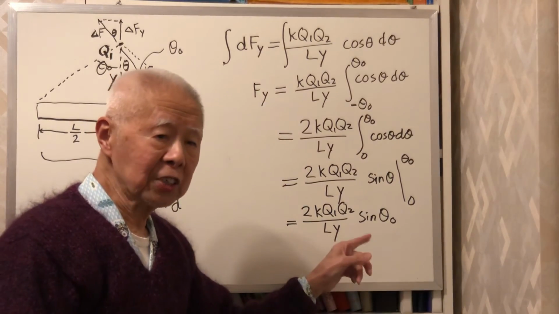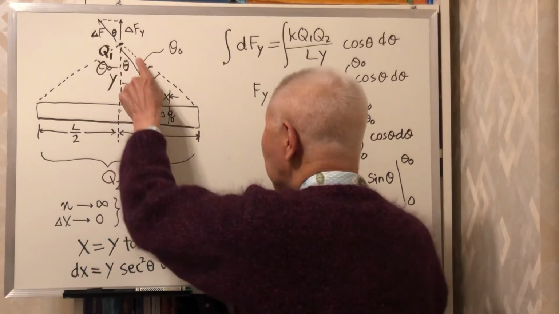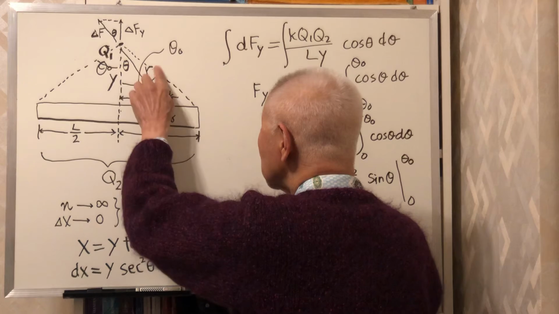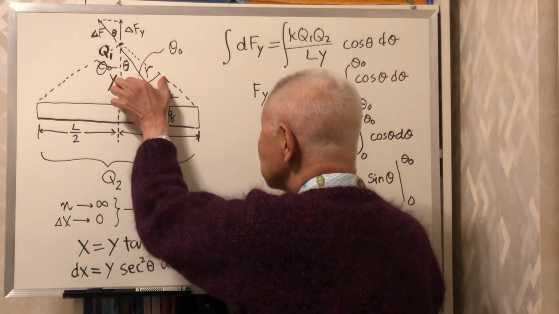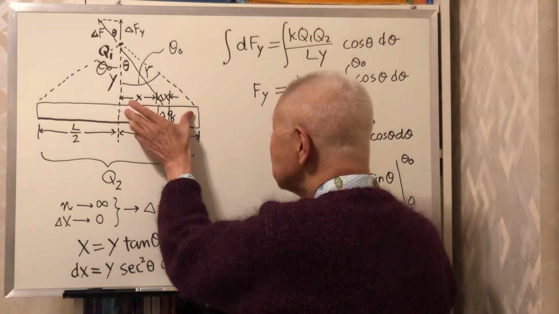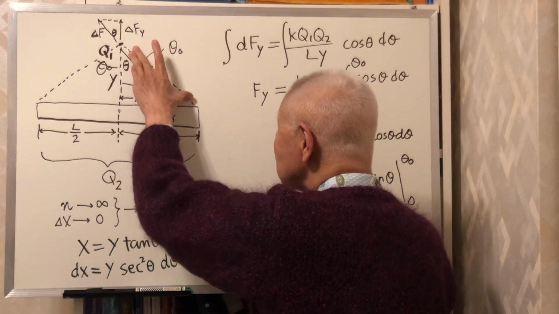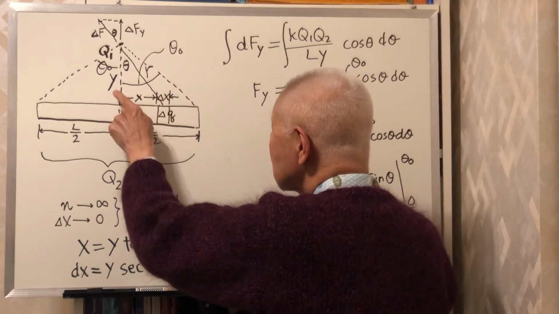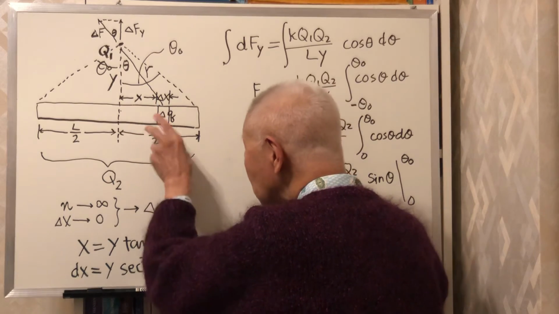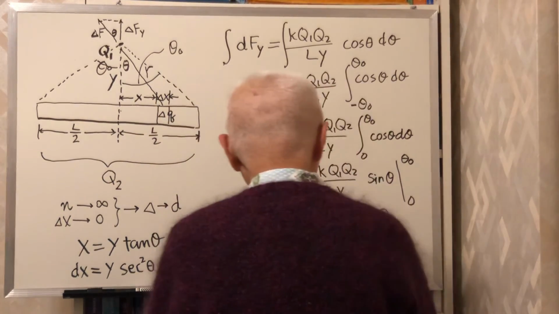What is sine theta 0? Look at this right triangle. Theta 0 is this. Sine is this, L over 2, divided by this length. But this length is y squared plus L over 2, the whole thing squared, and take the square root, right?